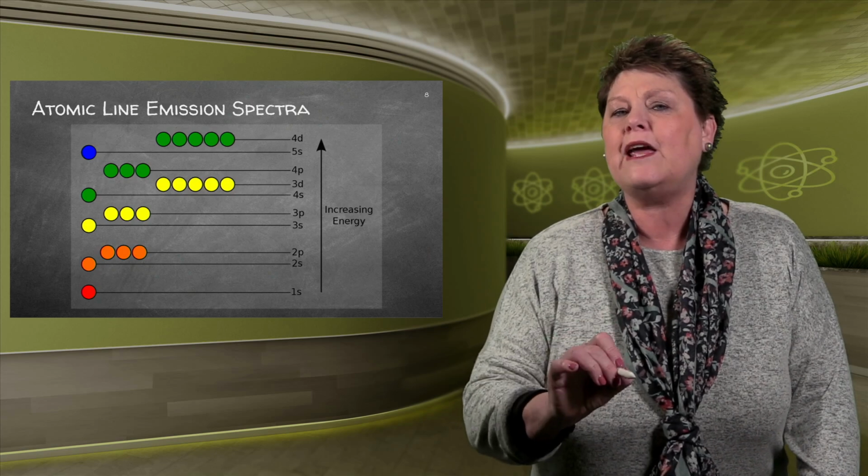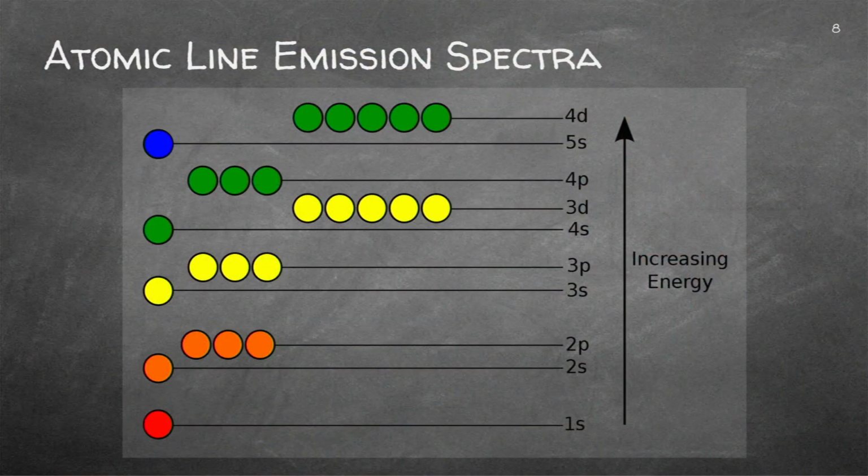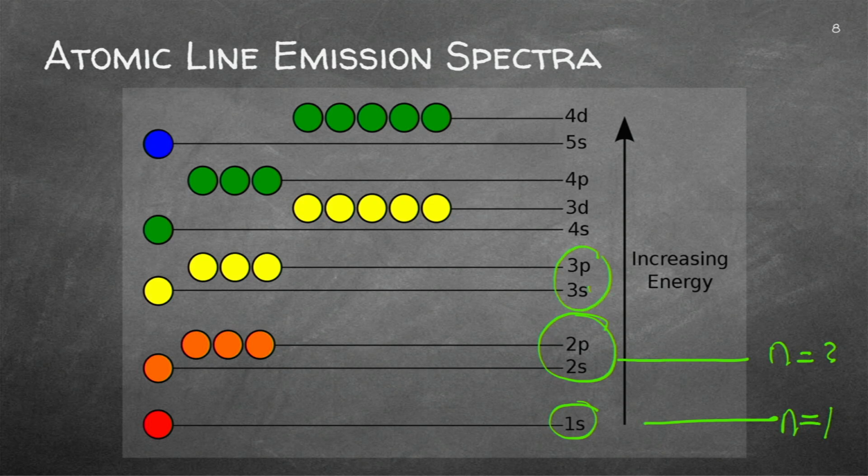Remember when we do chemistry that we've got a 1s orbital at the lowest energy level. This is usually energy level 1. We've got s and p orbitals in the second energy level. On the third level, we've got an s, a p, as well as a d. That is energy level 3.